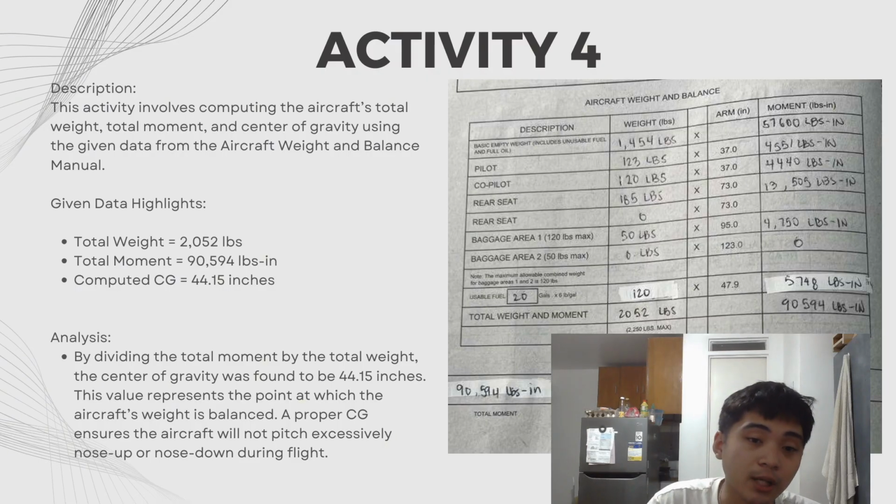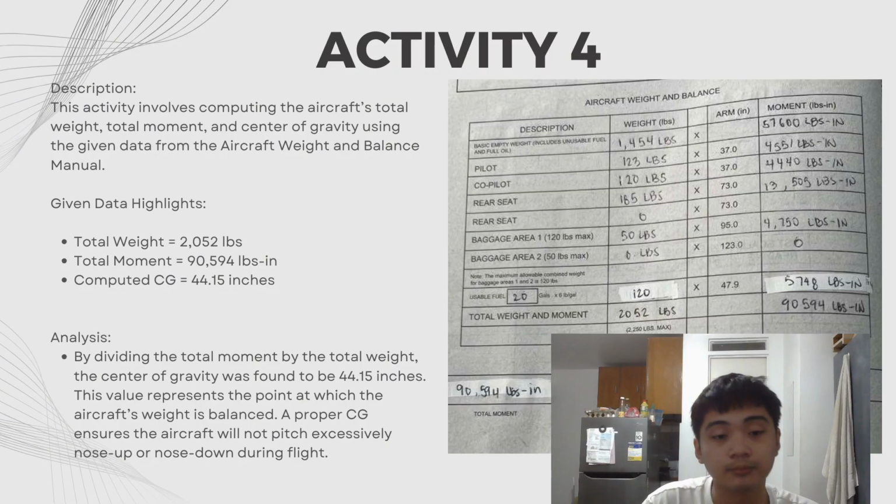From the computed values, we obtain total weight equal to 2,052 pounds. The total moment is 90,592 pound-inches, and the center of gravity is 44.15 inches. LEMAC, or leading edge of MAC, is 39 inches, and MAC, or mean aerodynamic chord, is 58 inches.